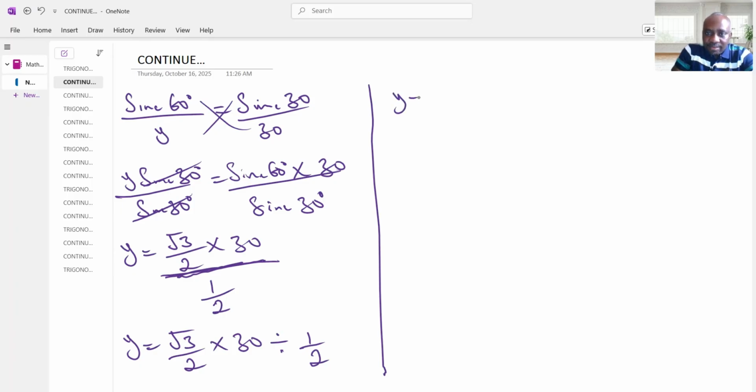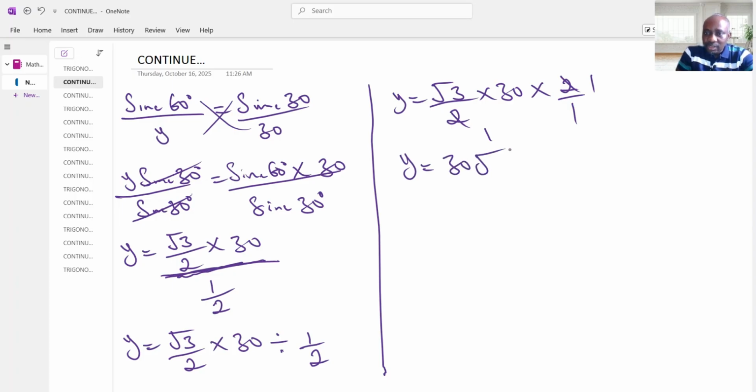We have square root of 3 divided by 2 multiplied by 30 multiplied by 2 over 1. Now what is the next thing we are going to do? We will cancel. 2 can go here and 2 can go here. What do we have left? We have y equals square root of 3 multiplied by 30, which is going to give us 30 square root of 3. This is our final answer.